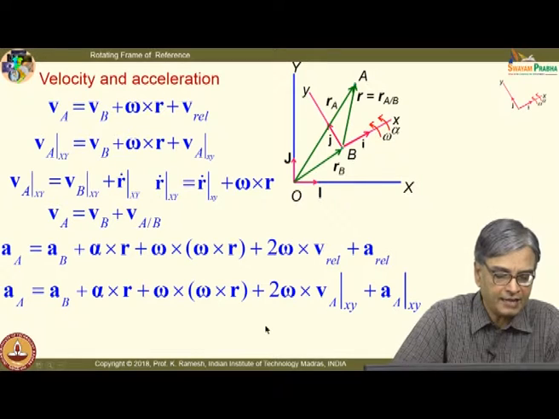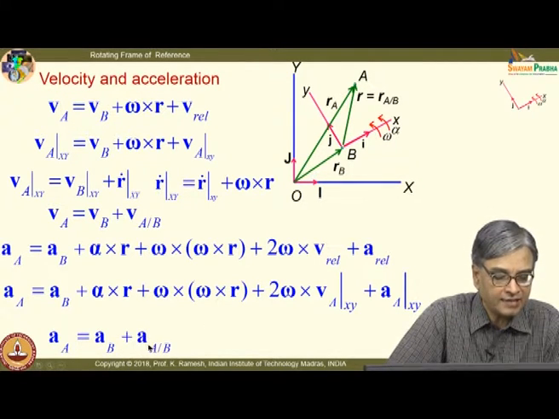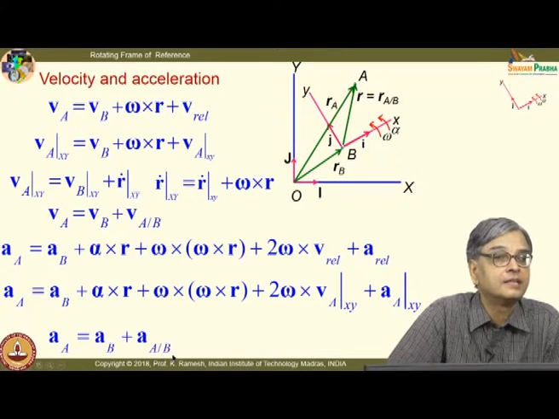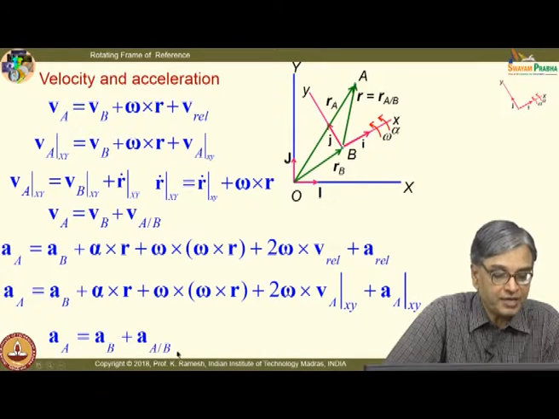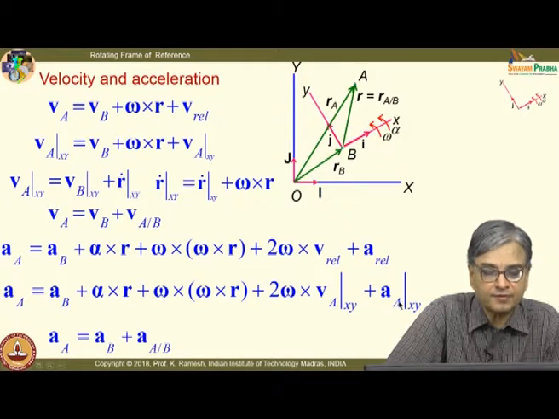And here again I can write acceleration A as acceleration B plus acceleration of A with respect to B. The acceleration of A with respect to B now has so many terms, 4 terms you have.